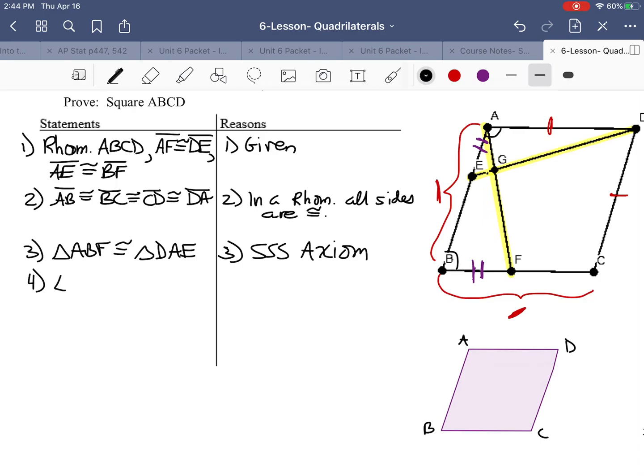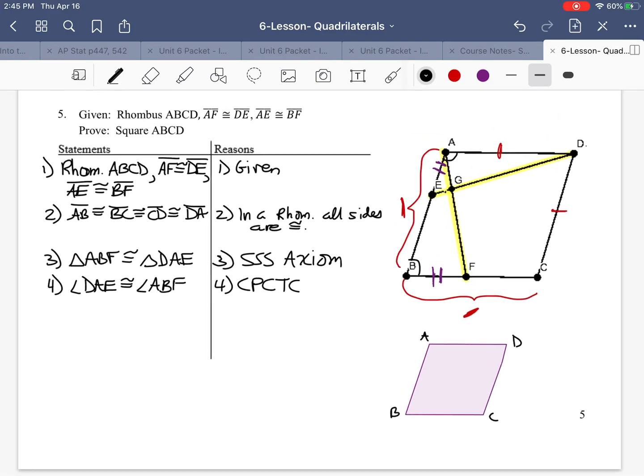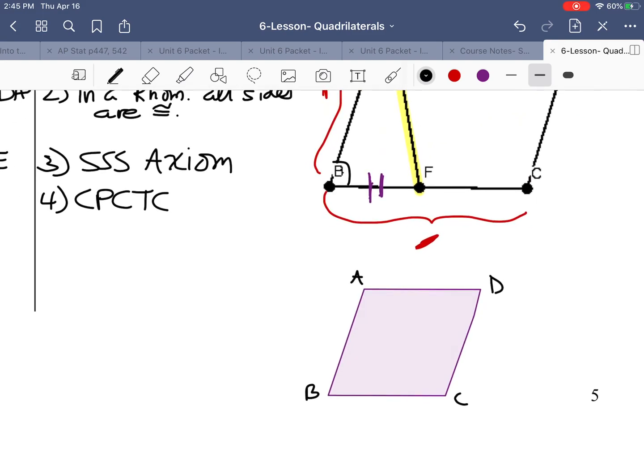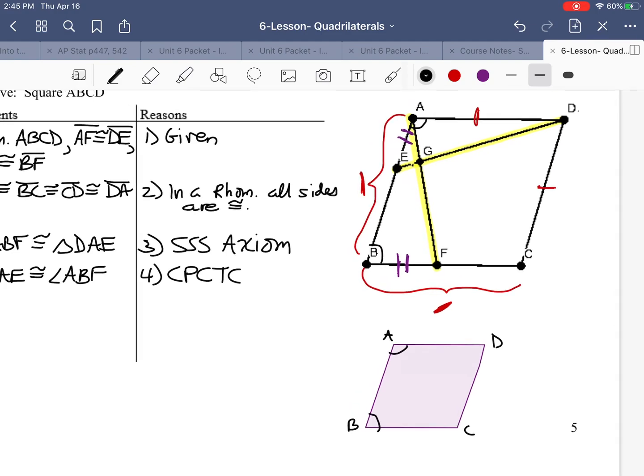I'm going to say angle DAE is congruent to angle ABF. Either order is fine. And that's CPCTC. All right, so in my ancillary diagram, that's these two angles.